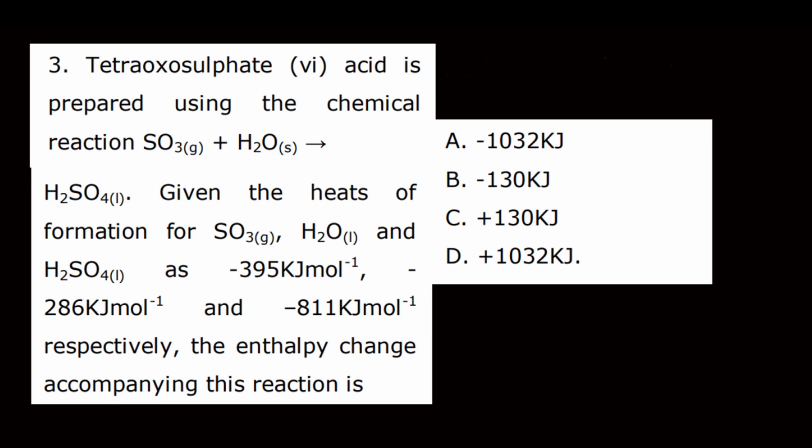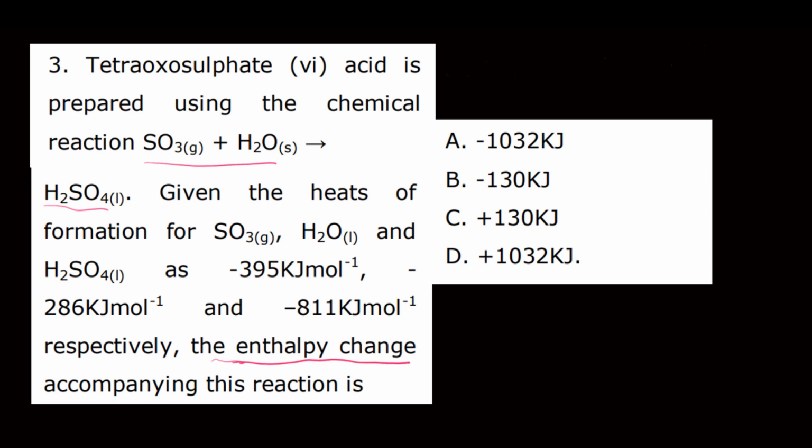This question is on energy in chemical reactions, or what we call energetics, right? So in this question, we are asked to determine the enthalpy change of the reaction for the preparation of H2SO4 from SO3 and water.